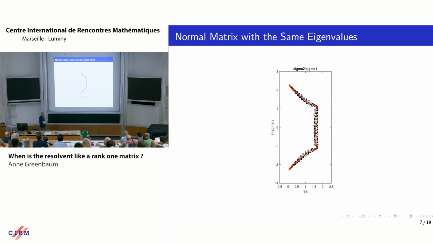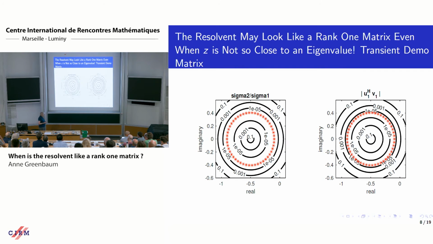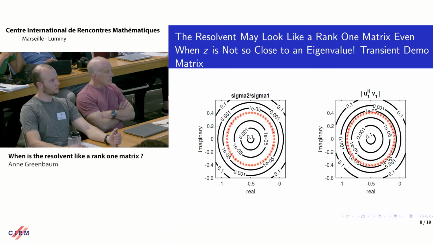I ended up plotting the contour where the ratio of the second largest to the largest singular value was 0.5. And it's a small region there. So this is definitely a phenomenon associated with ill-conditioned eigenvalues. And it's not a phenomenon that works only for the Gerschgorin matrix.